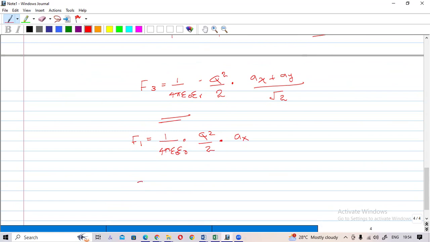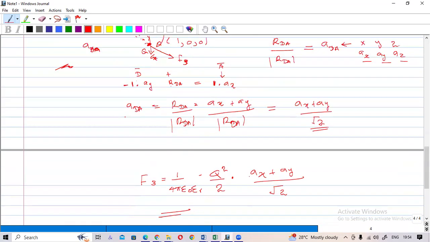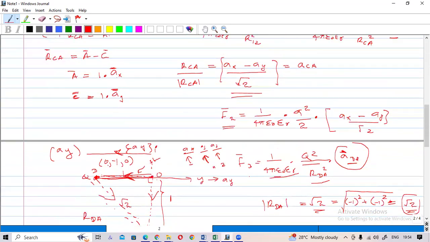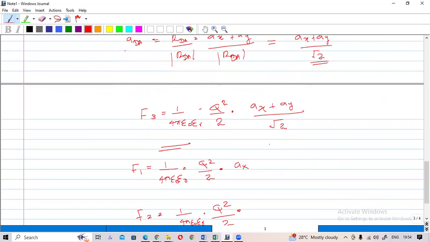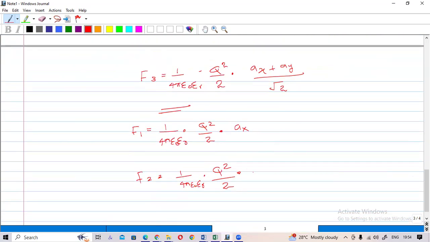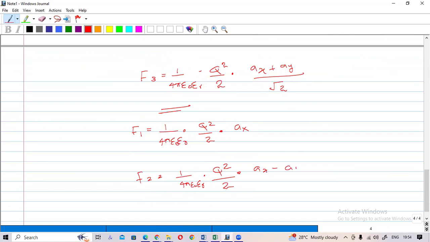Then F2 is, these are there, 1 over 4 pi epsilon naught epsilon r, q square over 2. What is the unit vector? This one, ax minus ay over root 2.